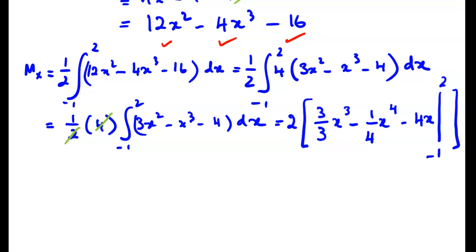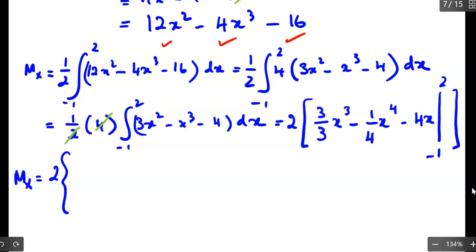Okay, I can see that I just have 8 minutes left, so I think I do have enough time to complete this example for everyone. So let me leave the 2 outside the bracket for now, and I'm going to calculate my f of 2 and my f of minus 1.